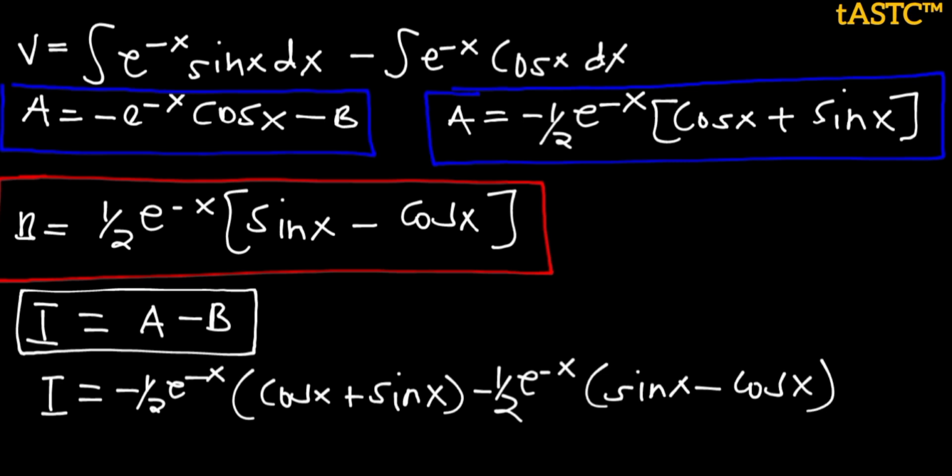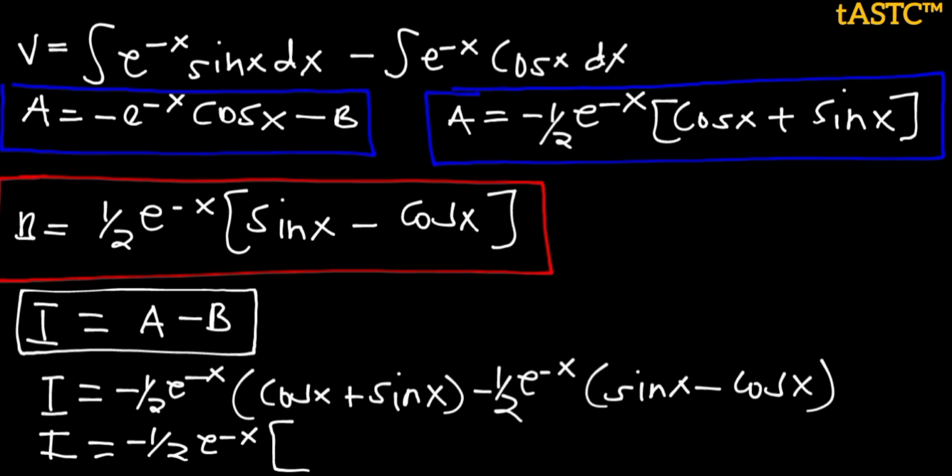Now, in this case, we have a negative half e to the negative x and this. They're actually the same, so we could factor them out. So I need to write this out better. So this is going to be negative 1 over 2 e to the minus x, and so we would have new stuff here.